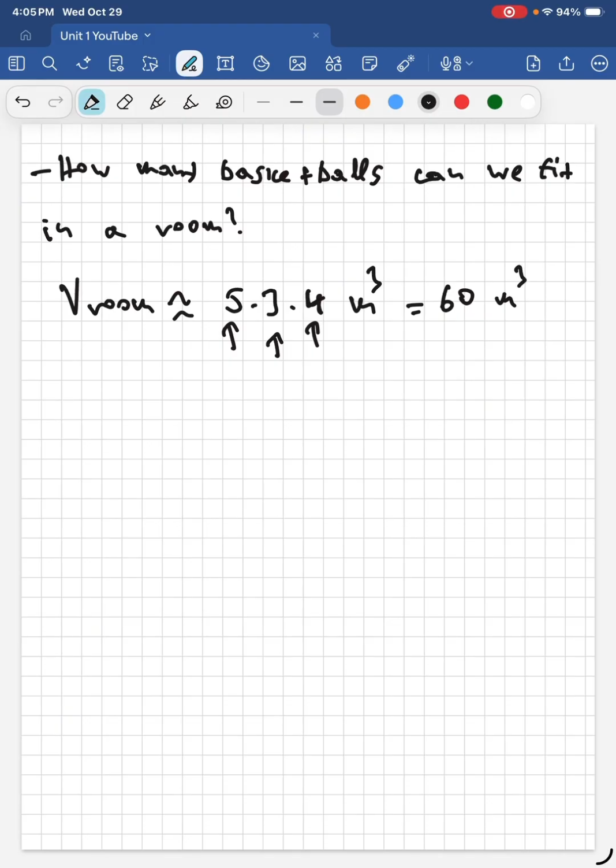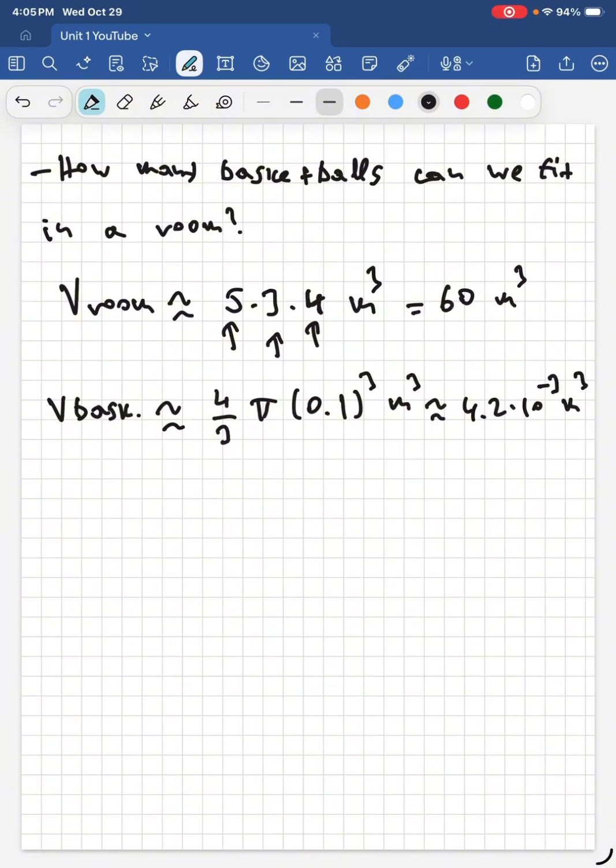Now for the basketball, let's say that the radius is 10 centimeters, which is 0.1 meters. So V of the basketball is about 4/3 pi r cubed. That's the volume of a sphere. So let's say 0.1 meters cubed. So that's 4.2 times 10 to the negative 3 cubic meters.